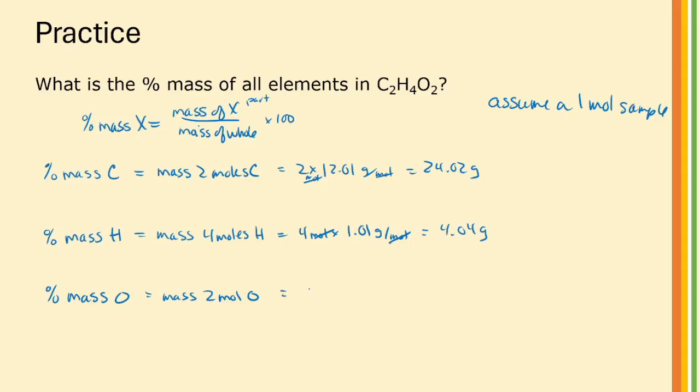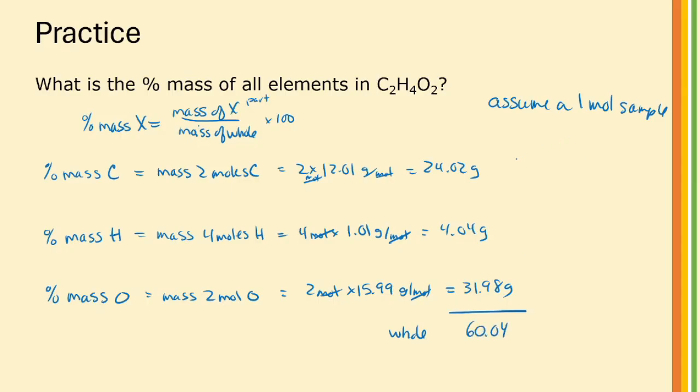And for oxygen, 2 moles times 15.99 grams per mole, the moles cancel, and I end up with 31.98 grams. Now, for the whole thing, I'm just going to total it up. It's made of these 3 masses. Let's add them all up. 24.02 plus 4.04 plus 31.98 equals 60.04.